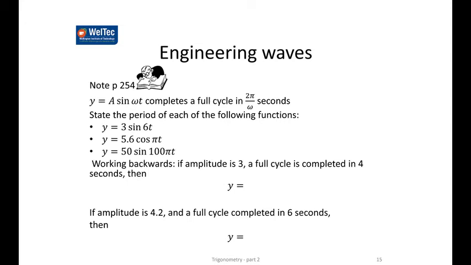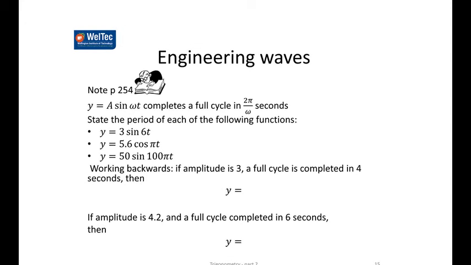Question 1, omega is 6, so the time period, the time it takes to repeat, is 2 pi over 6, or pi over 3, and that'll be in seconds. Question number 2.